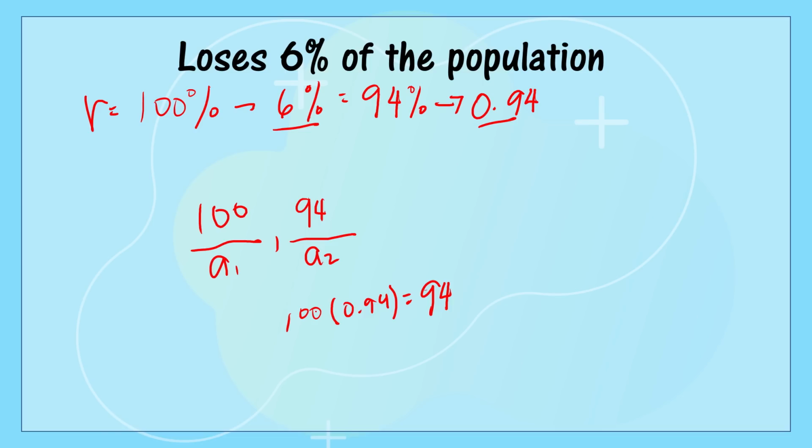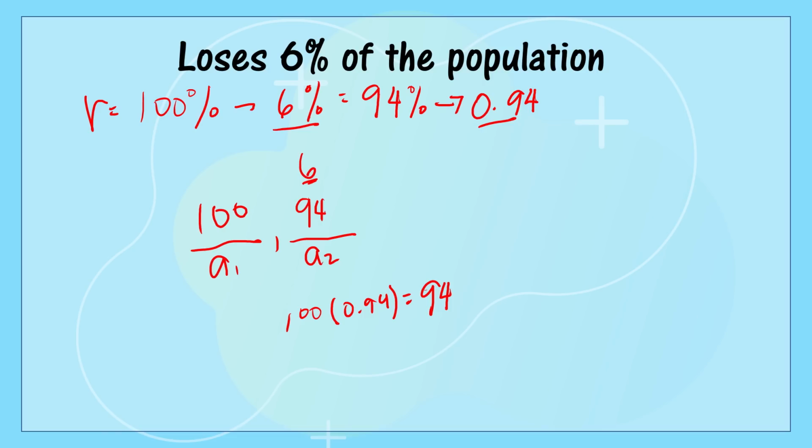Which is tama naman. Kasi di ba pag 6% ang ginamit natin, ano magiging second term? Di ba magiging 6? Mas mali naman yun kasi from 100 yung population, 6% lang yung nabawas pero 6 na agad yung natira. Hindi naman siya nagko-connect dun sa problem. Okay po?